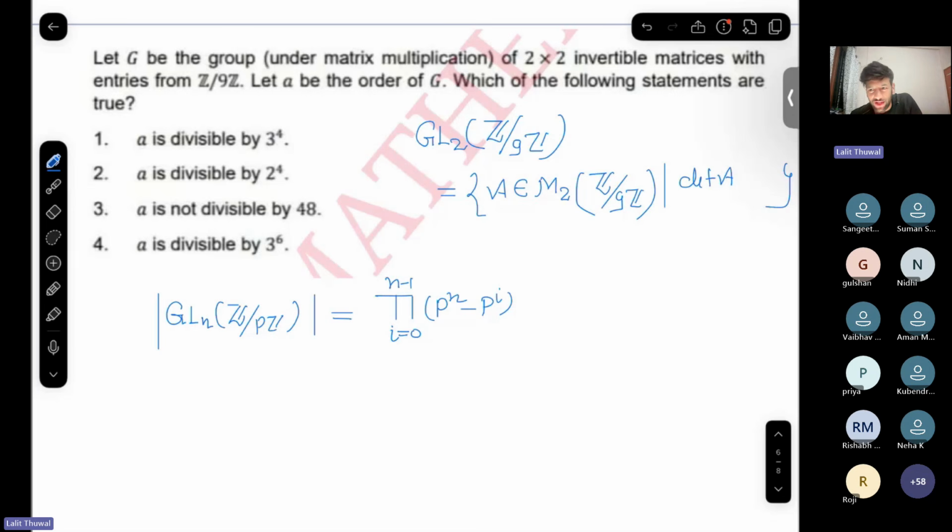Sipa, you tell. So what do you think? You think the answer is the same as given by the last one, or different? Sayan, you tell. Not equal to 0. Not equal to 0.